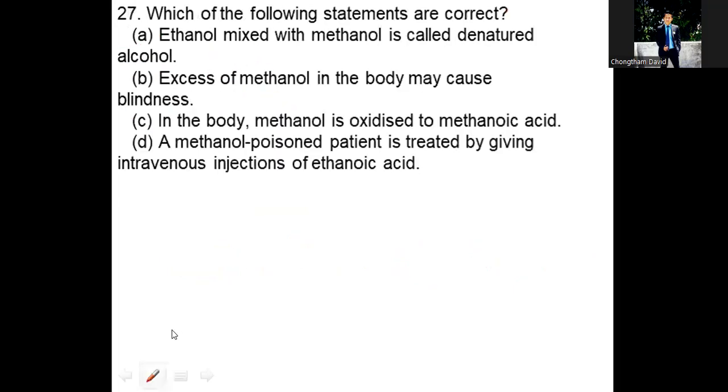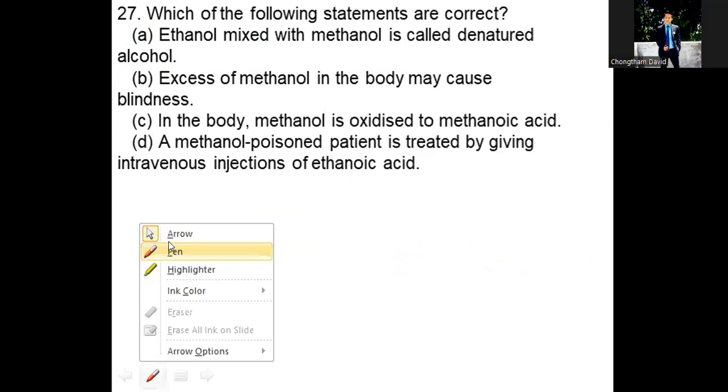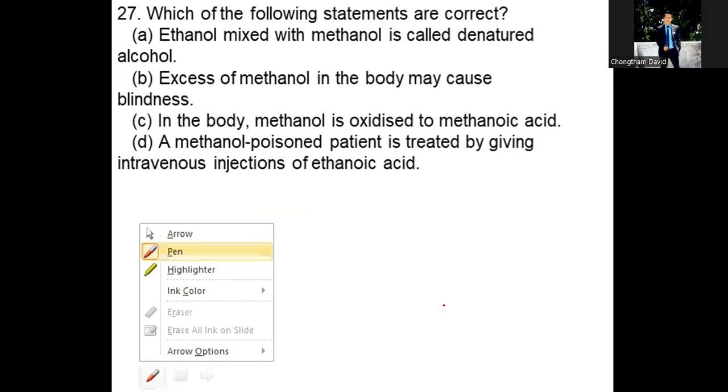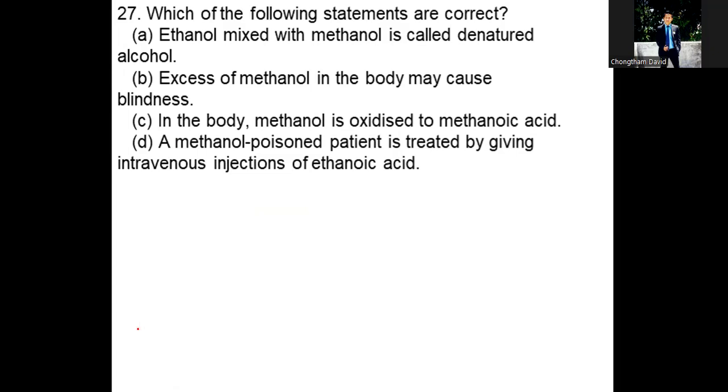Question number 27. Which of the following statements are correct? Let us answer this. Remember, a methanol poisoning patient is treated by giving an intravenous injection. Say someone drinks alcohol and suddenly they are brought to the casualty or hospital. You know what the doctors will give as first aid? They are going to give an intravenous injection of alcohol, that is ethanol.